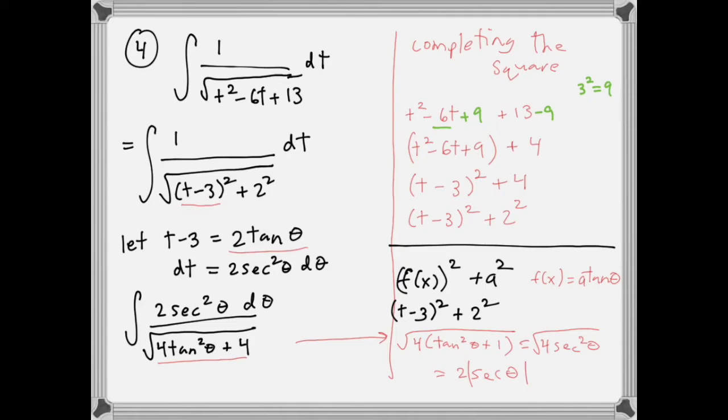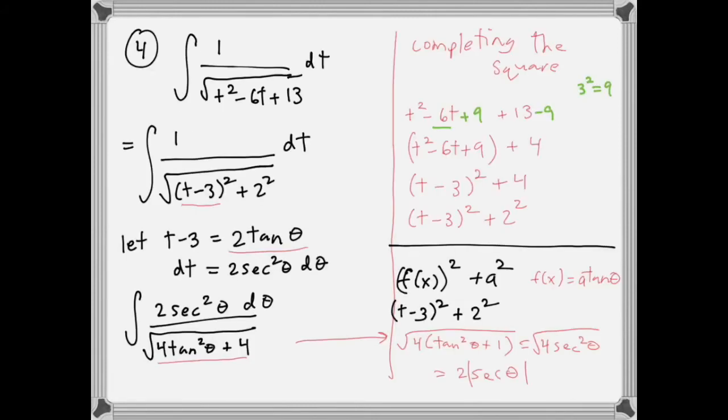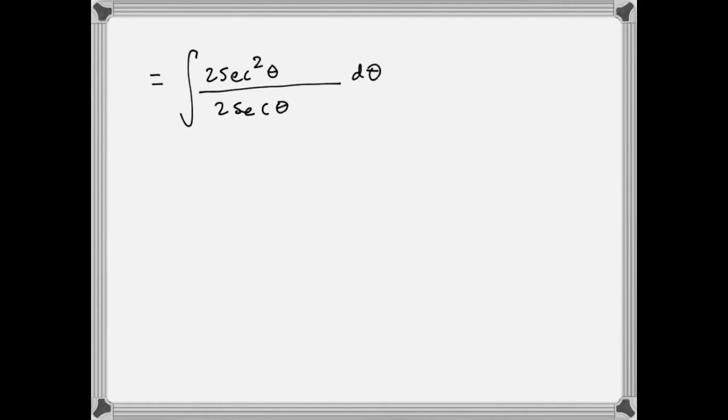We had a 2 secant squared theta on the top, and on the bottom we have a 2 secant theta. I believe that's our integral. And so, of course, we can simplify this. The 2's go away, and the secant theta goes away with one of those secant thetas. We're left simply with the integral of secant theta d theta.